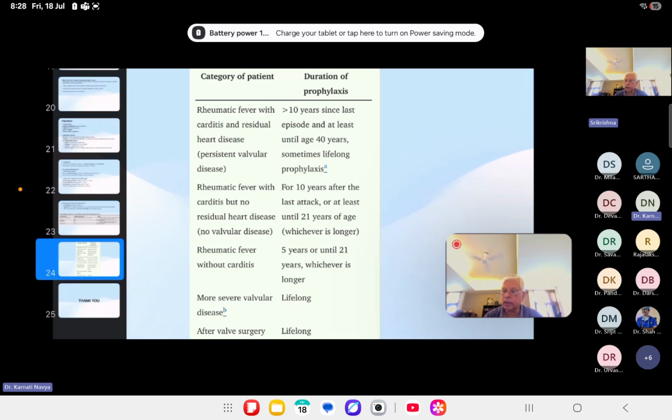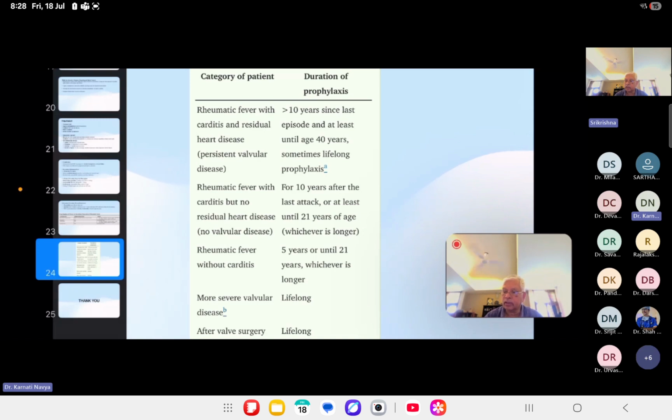The logic being, after 40 years, the chances of reinfection with group A streptococcus are bleak or not likely to happen. And so that is why people used to stop giving prophylaxis after the age of 40. Okay, these are few things.